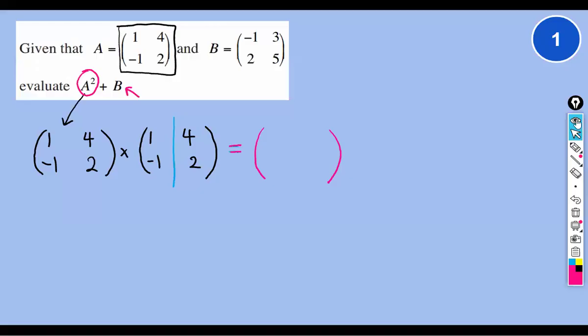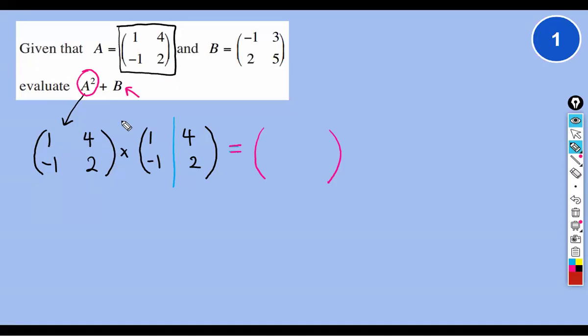Unfortunately, I've seen a lot of wrong answers for multiplying the matrices. A lot of people are still multiplying like the 1 by the 1. So you're saying 1 by 1 is 1. It doesn't work like that. Remember, there's a long process to multiplying out matrices, especially a 2 by 2 by another 2 by 2.